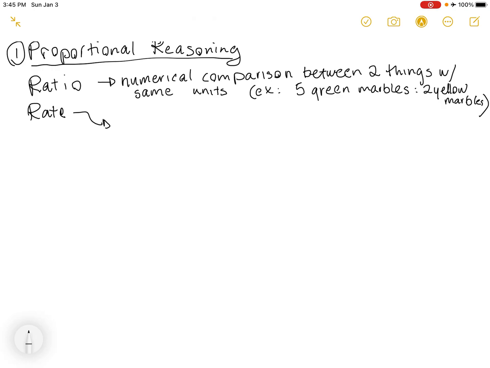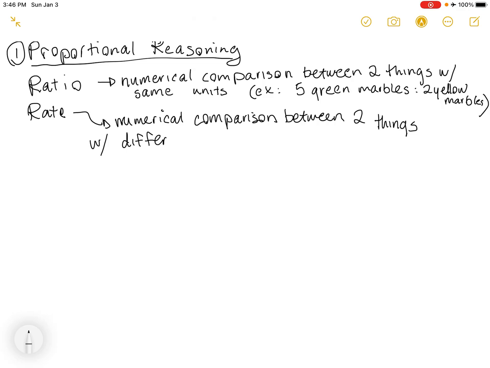Okay, a rate is a numerical comparison between two things with different units.